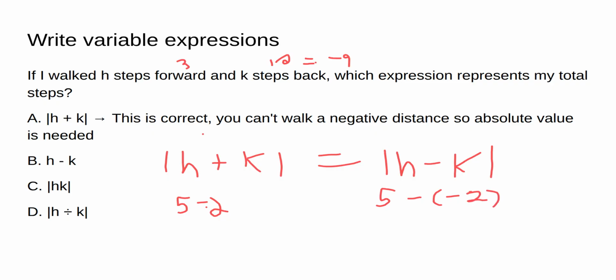The absolute values will both be positive, but they won't yield the same answer. This one results in 3, and this one results in 7, right? If you took the absolute values of these, you get different answers. So we know that they're not the same.